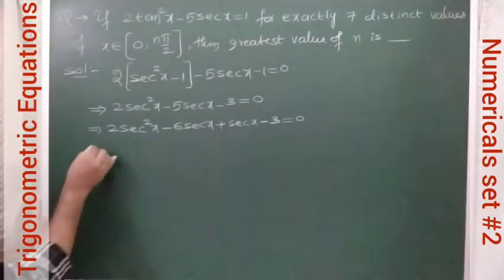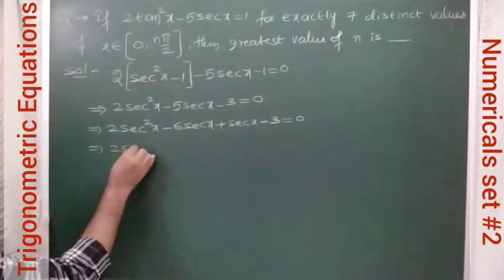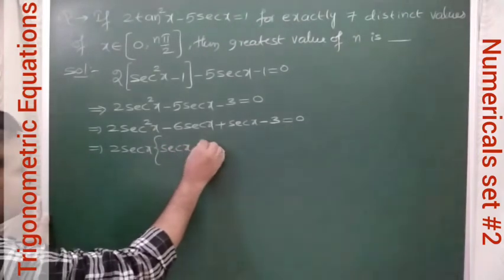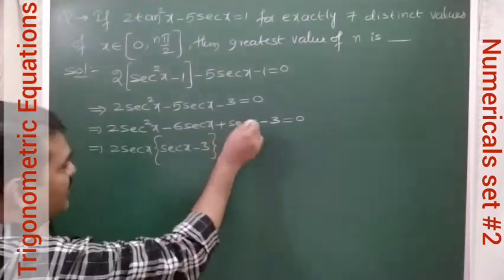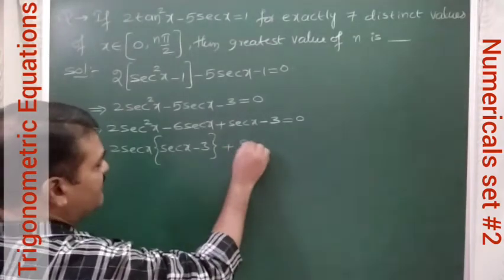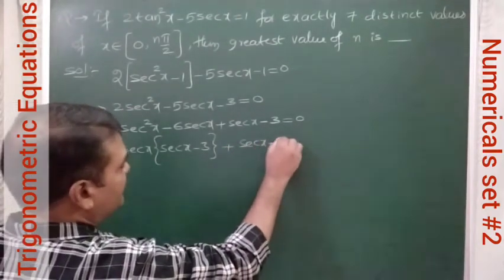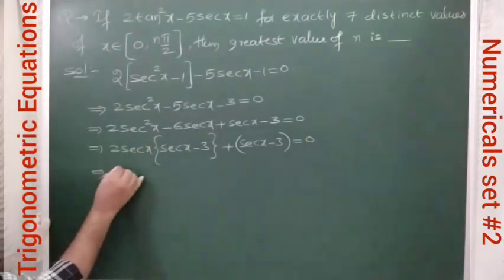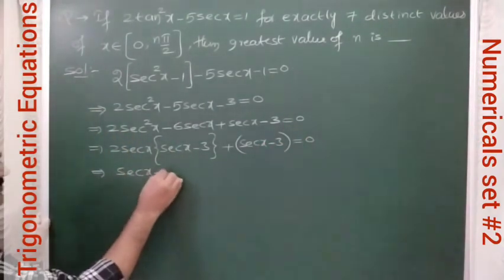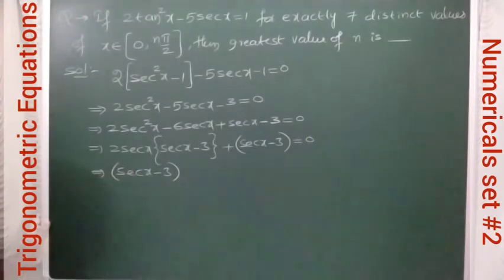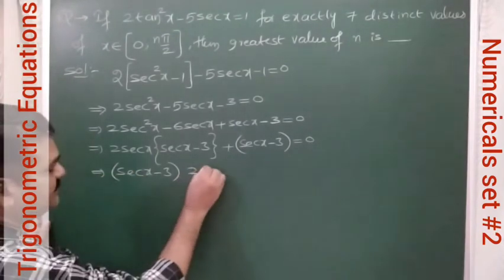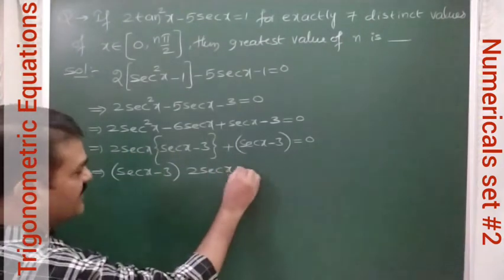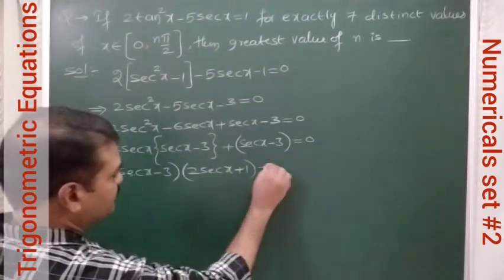In the first two terms, 2 secant x is common, so secant x minus 3 is left. Last two terms, we will write secant x minus 3 as it is. So now secant x minus 3 we can take common. So 2 secant x plus 1 is equal to 0.